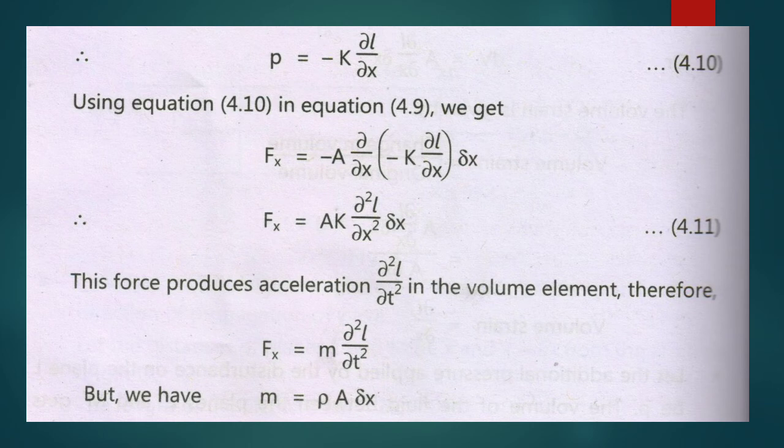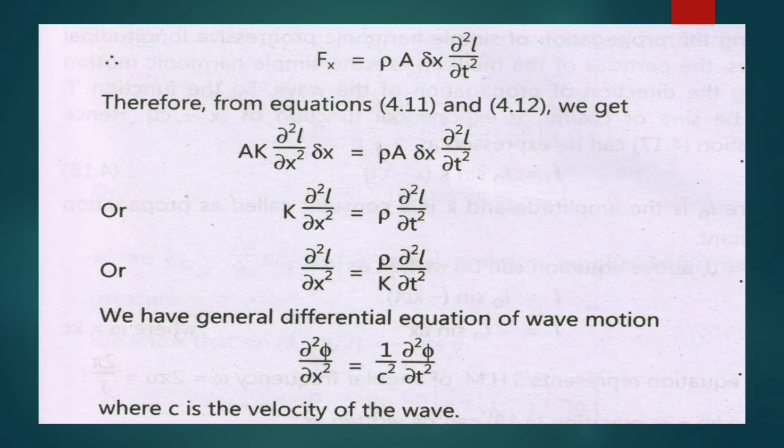Therefore, according to Newton's second law, force F is equal to m into acceleration, that is Fx is equal to m ∂²l/∂t², but m is equal to rho A delta x. Therefore, Fx is equal to rho A delta x into ∂²l/∂t². Also, Fx is equal to AK ∂²l/∂x² into delta x.